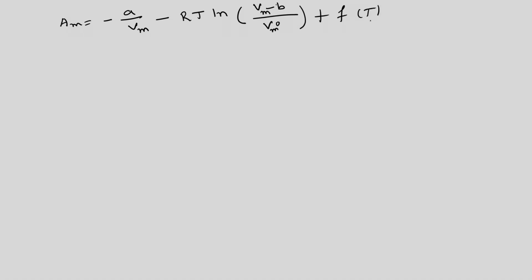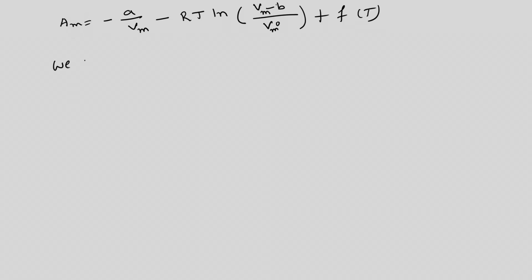We have AM is minus A by Vm minus RT ln Vm minus B by Vm naught plus function of temperature.